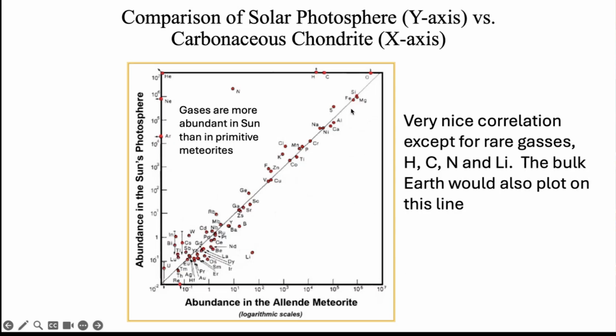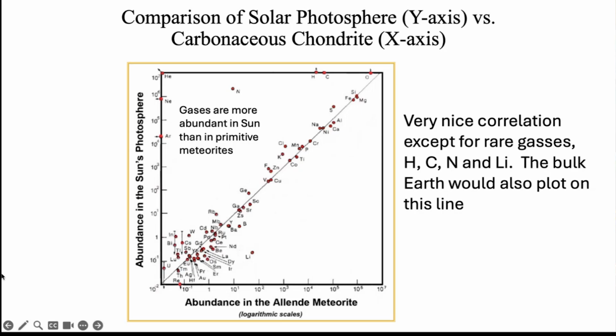Yeah, so the correspondence makes us think that we're actually right, that the abundance of elements in the solar photosphere is the same as the abundance of those elements, with the exception of the gases, in the carbonaceous chondrites. And it is that carbonaceous chondrite material that accreted to form the Earth.